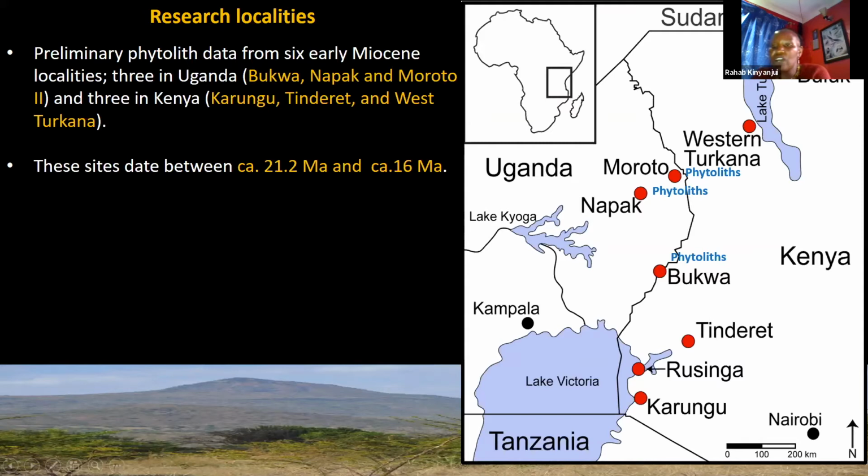Out of these sites, we found phytoliths in Western Turkana, Moroto, and Bukwa, but we never found a lot of grass phytoliths from the rest of the sites, but we are still searching for more.